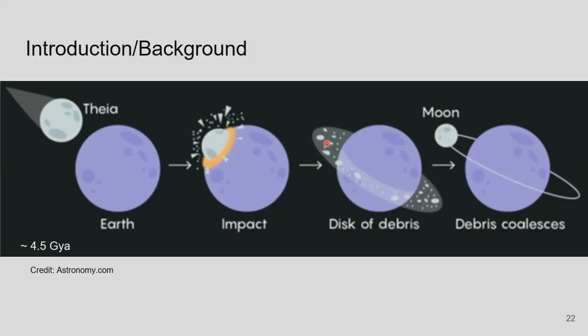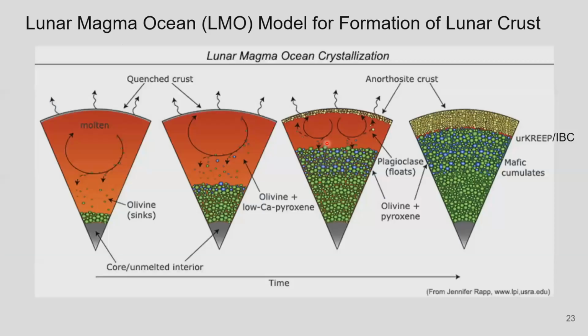And so these elements would evaporate into the vacuum of space, whereas you'd retain the more refractory elements. And so when you form, the moon initially has lost some sodium and potassium relative to the Earth. And so then when you undergo this lunar magma ocean formation, this plagioclase feldspar you form didn't really have a lot of sodium or potassium to begin with. And so it's just going to be calcium rich as a result.